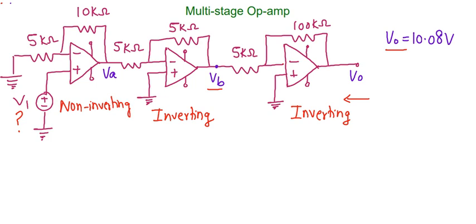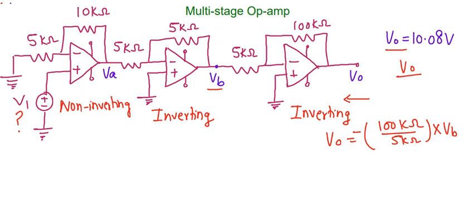Now for the inverting amplifier, whenever we solve this op-amp, the formula for V0 will be equal to minus RF or R2, that is 100 kilo, divided by 5 kilo, times the input voltage VB. Because for any inverting amplifier, V0 upon V input equals minus RF or R2 by R1.